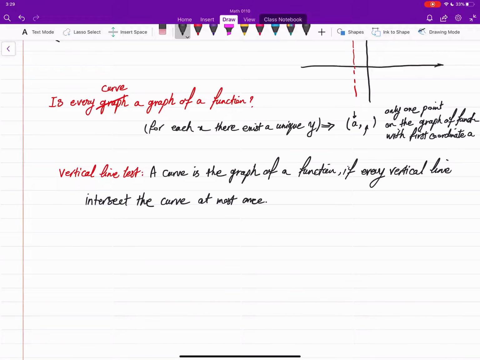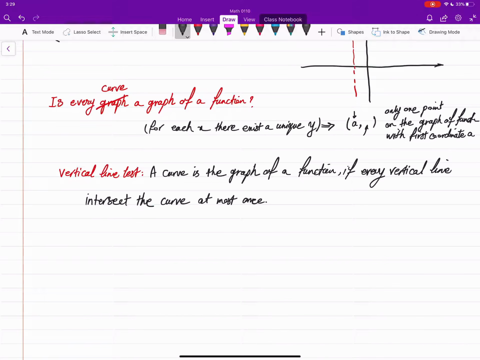There might be points at which the graph doesn't intersect the vertical line, but if it intersects, it cannot be at more than 1 point.